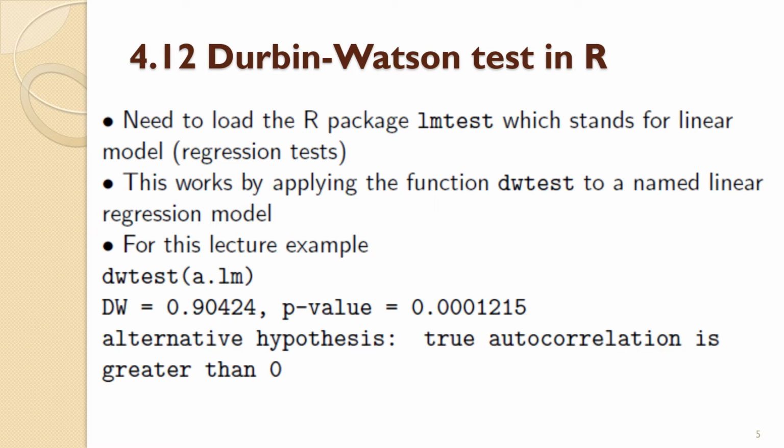So for instance, if you've got this thing here, A.lm, for the real gold price, real stock price example, you would apply the dwtest function to the A.lm linear model object. The results are relatively straightforward to interpret in this case. It gives you the Durbin-Watson statistic and then the p-value, which is less than 0.05, and as it says, there's evidence from this Durbin-Watson test of positive autocorrelation in the residuals.